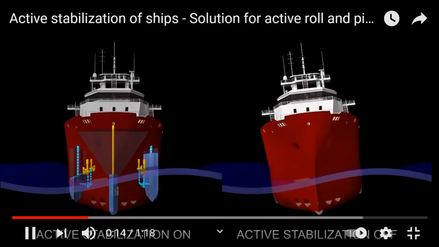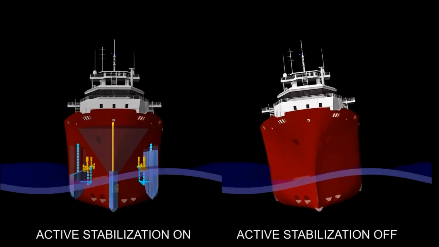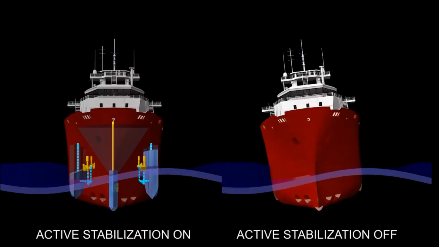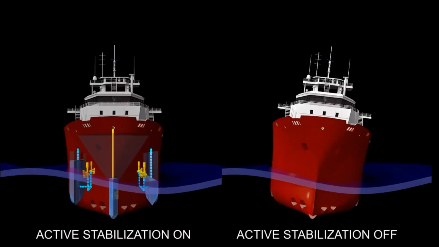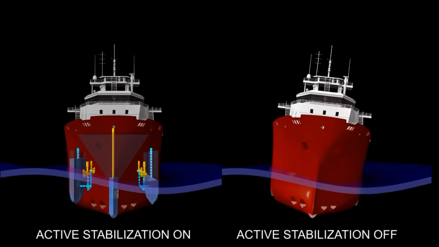So the active stabilization is working, then the water level of the side tanks is controlled by a pump to compensate the roll or heeling moment. So they are saying roll compensation.